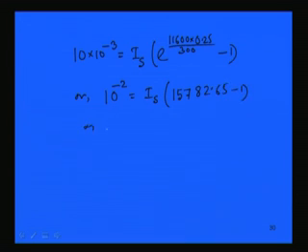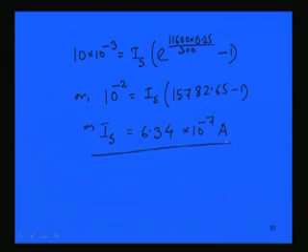So, now we can find out what Is is. Is will be equal to 6.34 into 10 to the power minus 7 amperes. So, this is the reverse saturation current flowing, or 0.634 microampere.